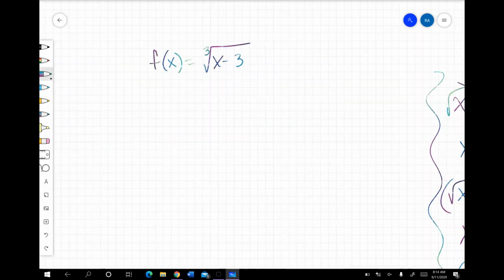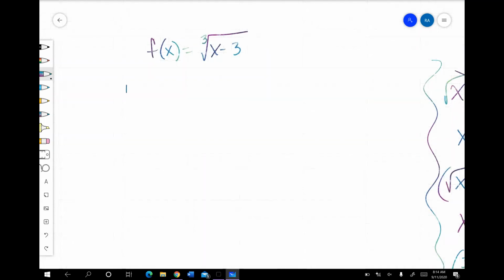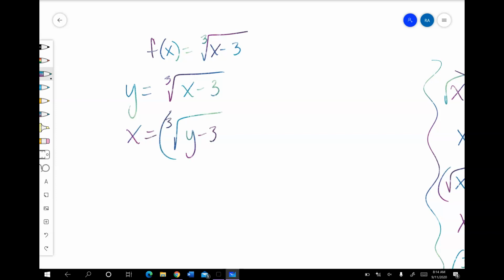So here, I'm going to switch f of x to y. I'm going to switch x and y. Okay? So to get rid of a cube root, you have to cube both sides. Now I have x cubed, because I distributed my cube to the only thing that was in there.